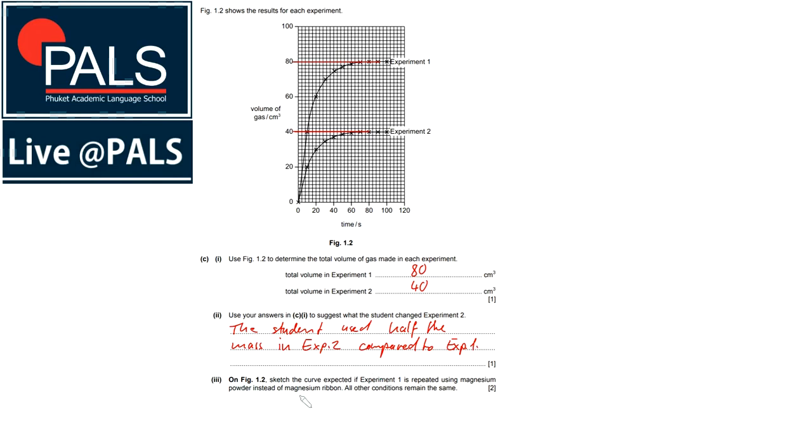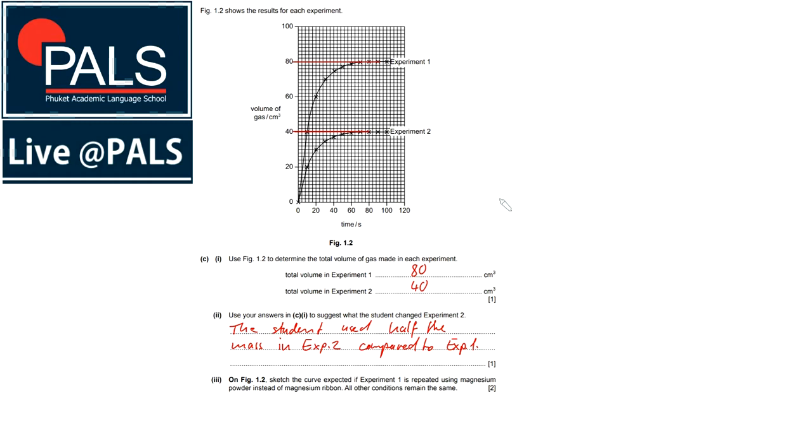So on figure 1.2, sketch the curve expected if experiment 1 is repeated using magnesium powder instead of magnesium ribbon. All other conditions are the same. If we use powdered magnesium, then the magnesium powder overall has a larger surface area than the magnesium ribbon.